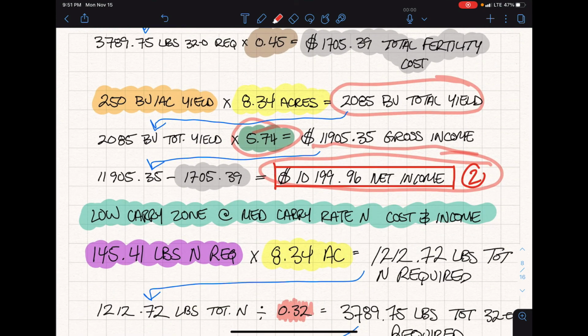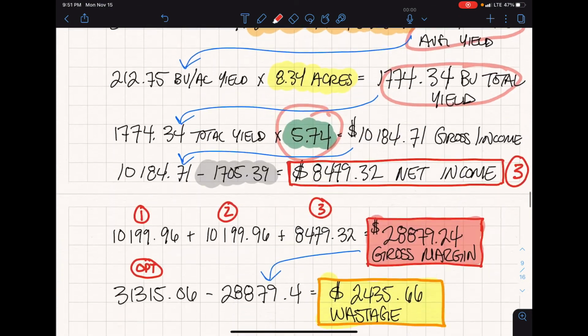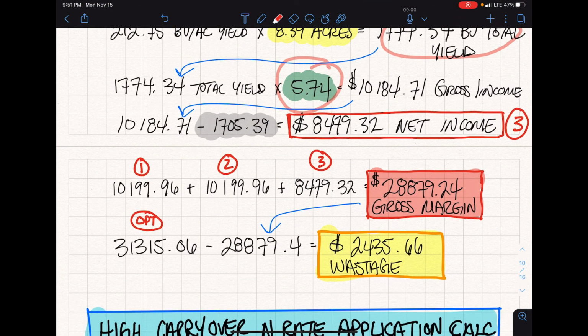Our number 2 is the same, $10,199.96 net income. And then our final one being $8,479.32 net income. When we add that all together, we end up with a $28,879.24 gross margin for this particular application regimen.